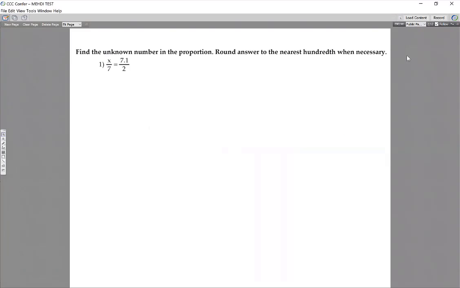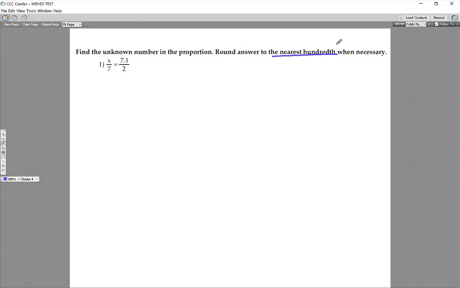So number 1, we have find the unknown number in the proportion. Round the answer to the nearest hundredth when necessary. And all the rounding instructions, you want to make sure that you pay particular attention to where you need to round.